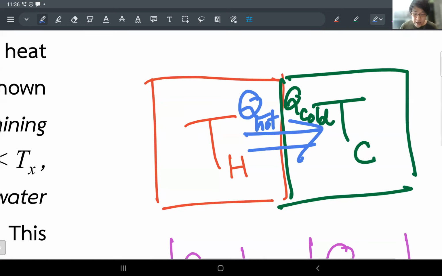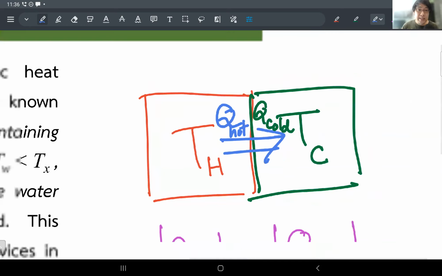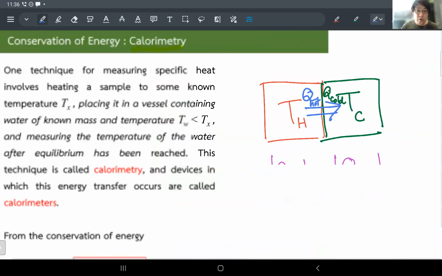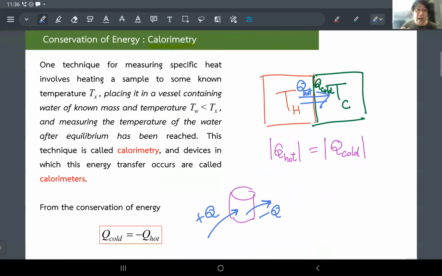So if you want to keep the sign convention alive and use this kind of calorimetry equation, you have to write it like this. Q hot, the amount of heat that is leaving, must equal Q cold, but because Q cold has a positive sign, I just have to squeeze in a negative sign in front to make them the same. Does that make sense now?